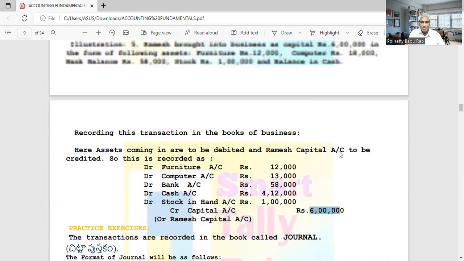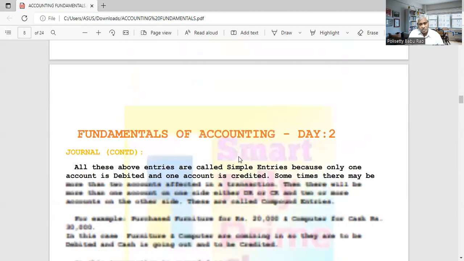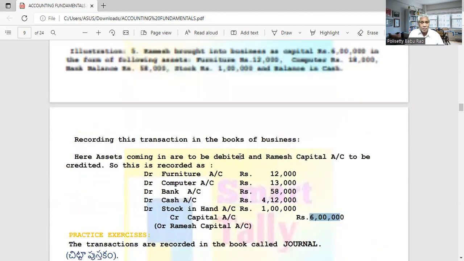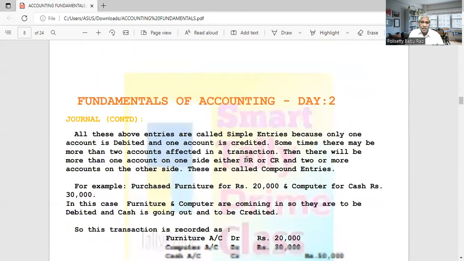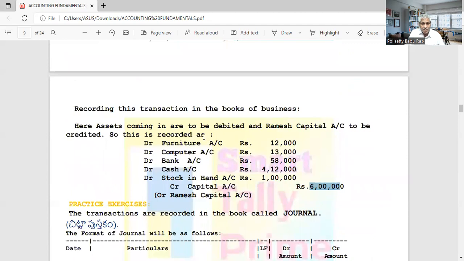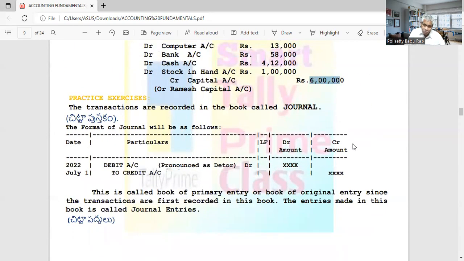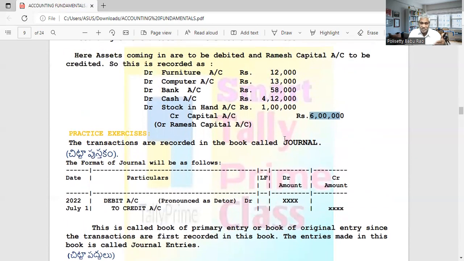This is one. Till now, whether simple entries or compound entries, depending on the type of account and applying the golden rules of accounting, we decide which accounts are to be debited and which accounts are to be credited. This is what is required for us to learn Tally.